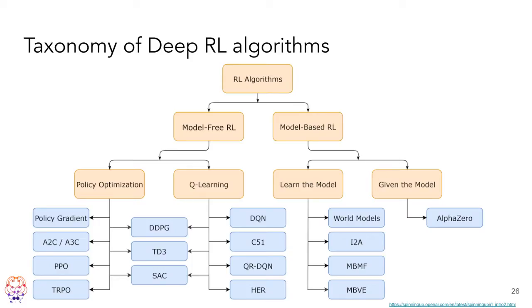All right, so there's a lot of different algorithms that exist, and we can divide them into different categories. First we have model-free and model-based RL. Model-free basically means we don't need the agent to internally know what would happen next in order to function.